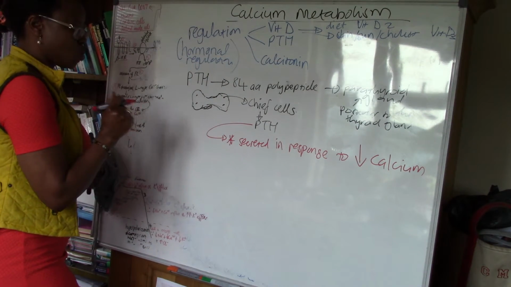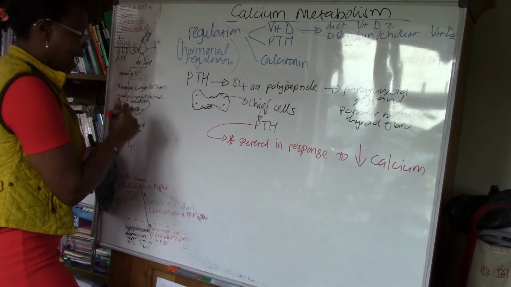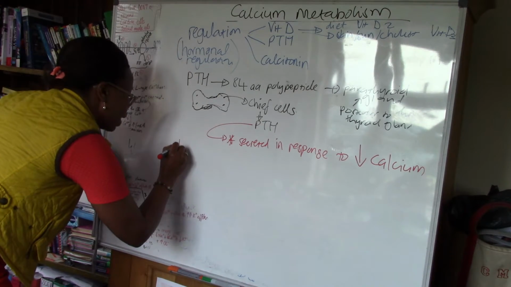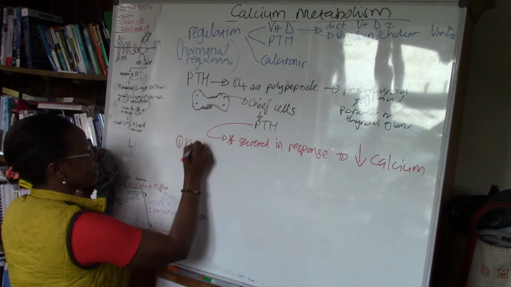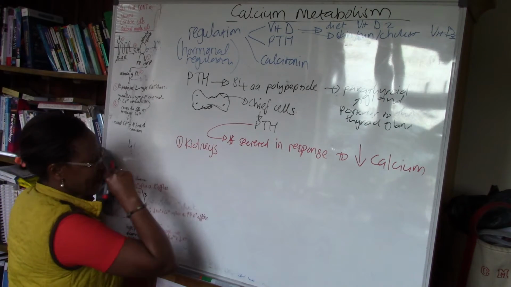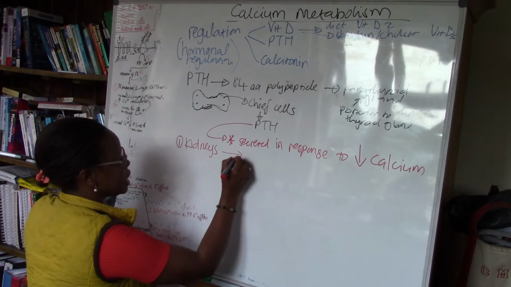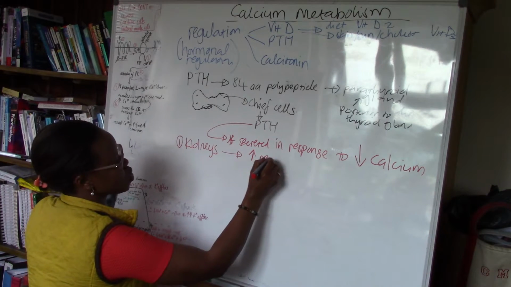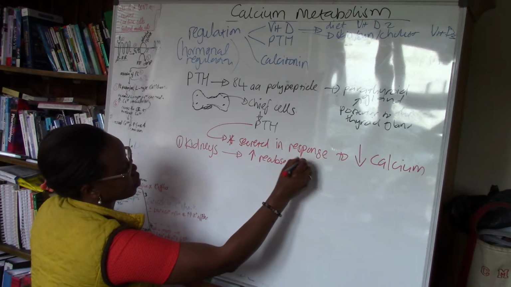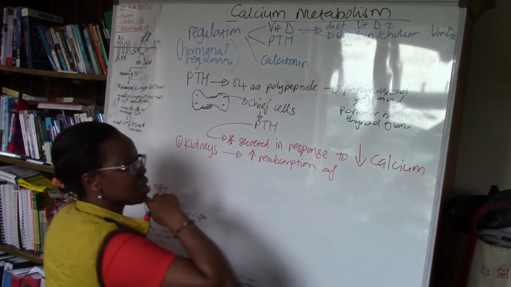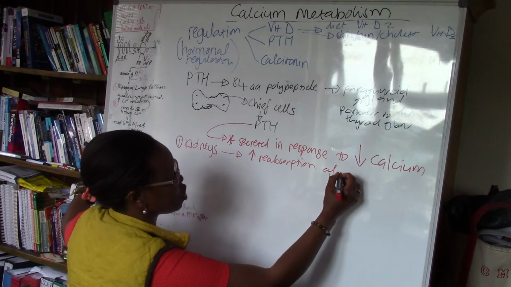And once parathyroid hormone is released, it acts, number 1, in the kidney, and it increases the reabsorption of calcium in the renal tubules.